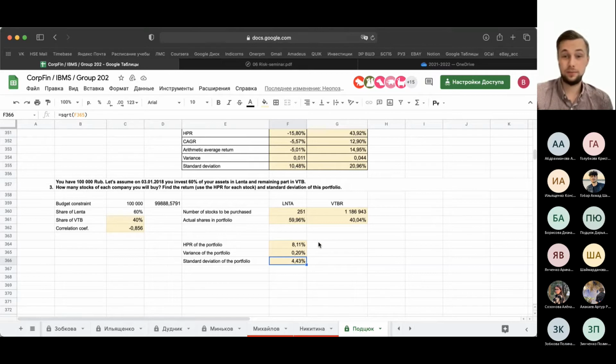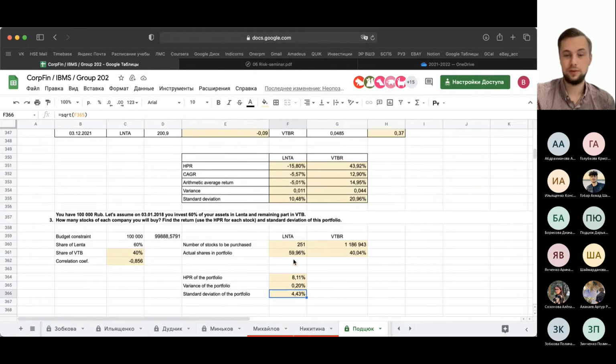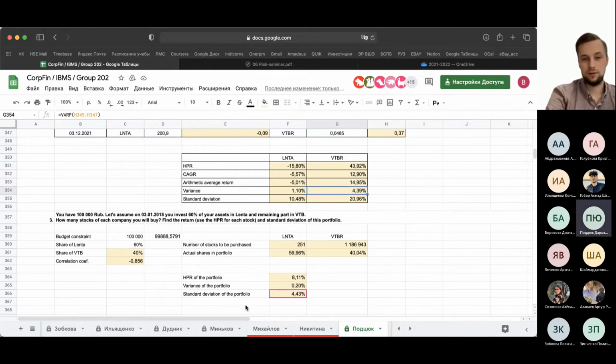And here we can actually compare the variance of the portfolio with the variances of the stocks themselves. If we transform that to percent, for example, we can see that the variance of Lenta and the variance of VTB are higher than the variance of the portfolio. So that's how portfolio theory works.